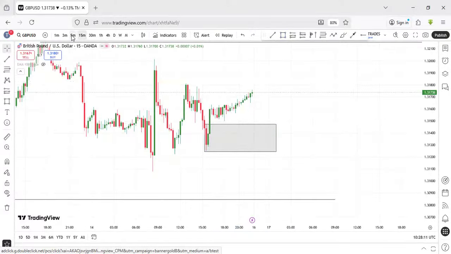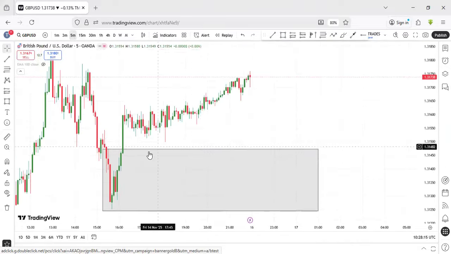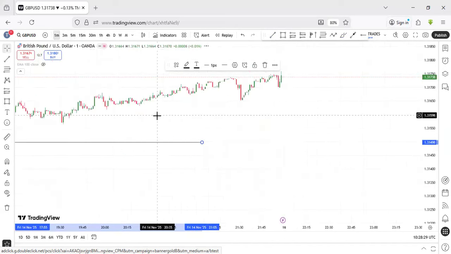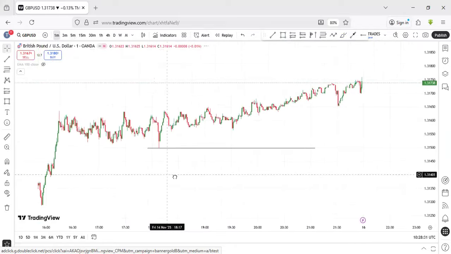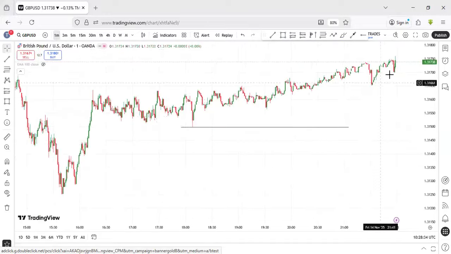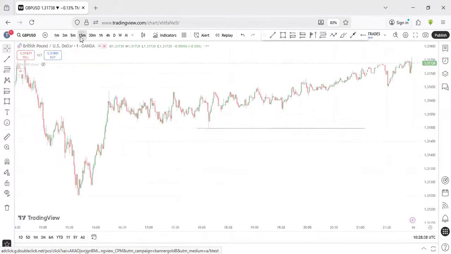And when we get to 5 minutes, we discover that this market is already having this liquidity that needs to be taken out, because we can consider this to be a pullback on 1 minute. So definitely the market could come to take it out before continuation to the upside.